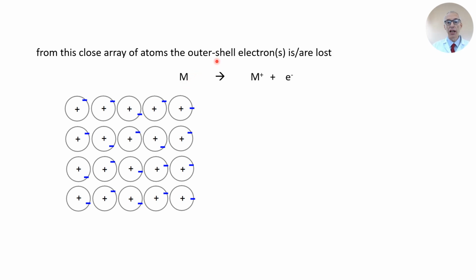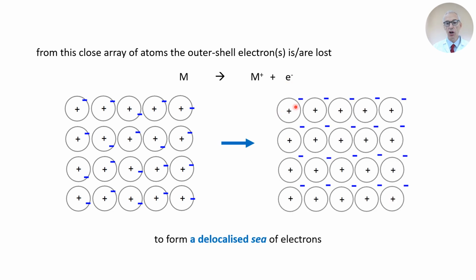Now, the outer shell electrons are lost. So the metal atom becomes a positive metal ion by losing its outer shell electron. So each of the atoms here, nucleus and outer shell electron, becomes a positive ion with an electron that is no longer located in the atom, but doesn't have a location, it's delocalized.